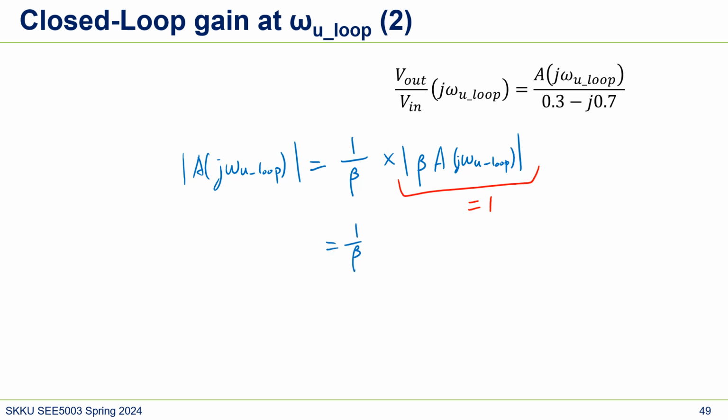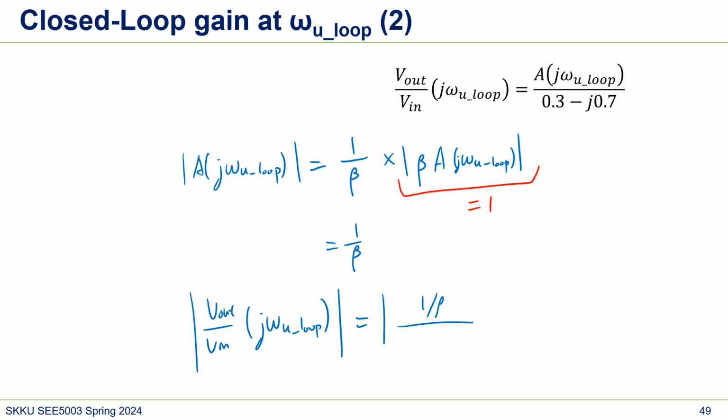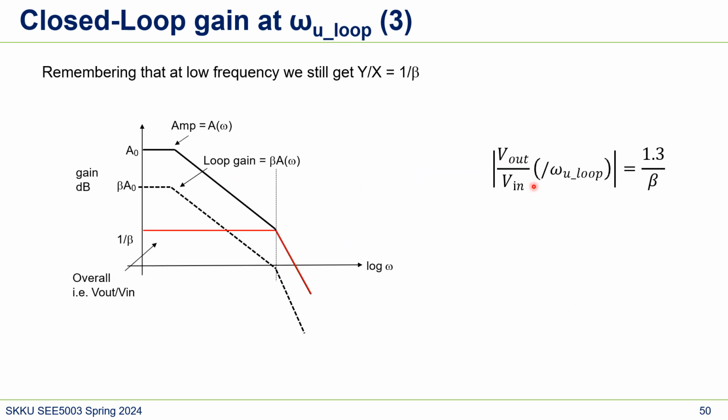Our goal is to find the peaking, which is V out in terms of magnitude. This will be 1 over beta times 1 over the magnitude of 0.3 minus 0.7j, and it turns out to be 1.3.